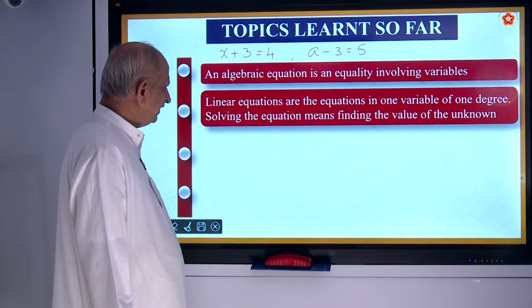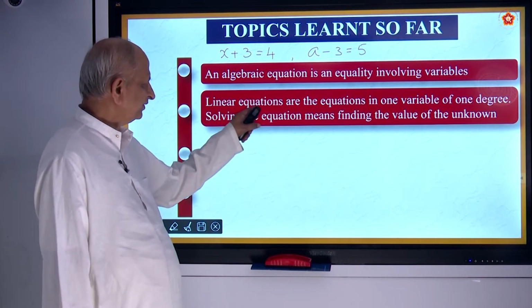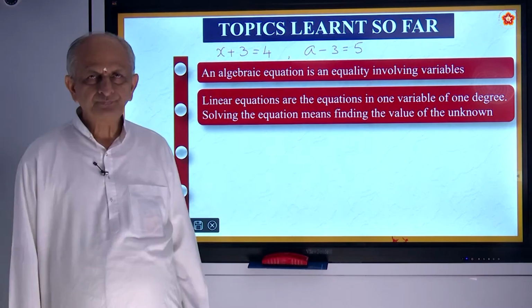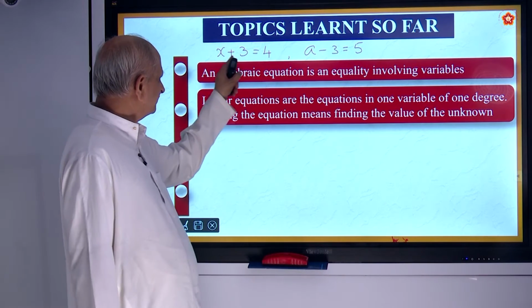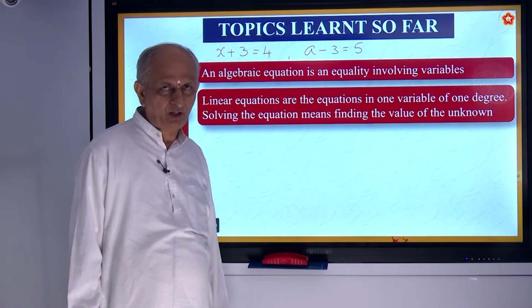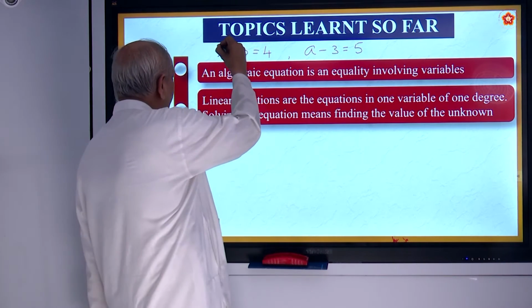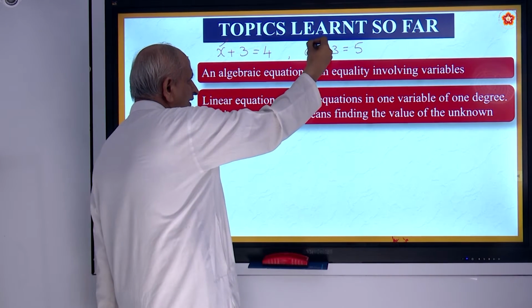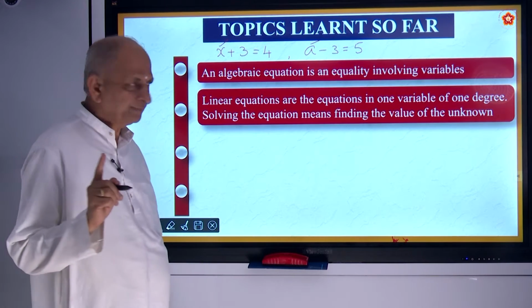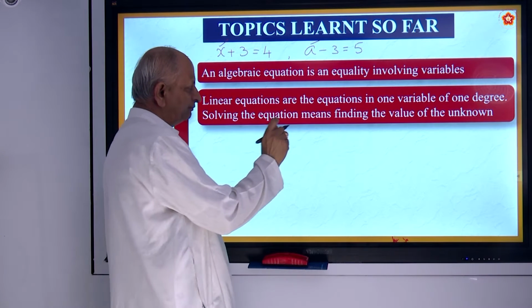Linear equations are equations having one variable of 1 degree. x plus 3 is equal to 4 is a linear equation because there is one variable here. Similarly, here a minus 3 is equal to 5, one variable of degree 1.